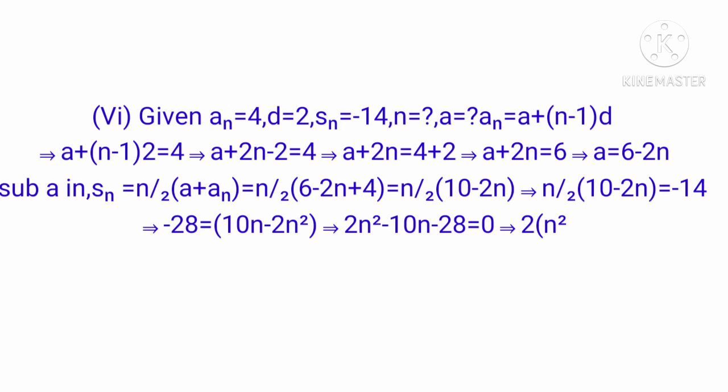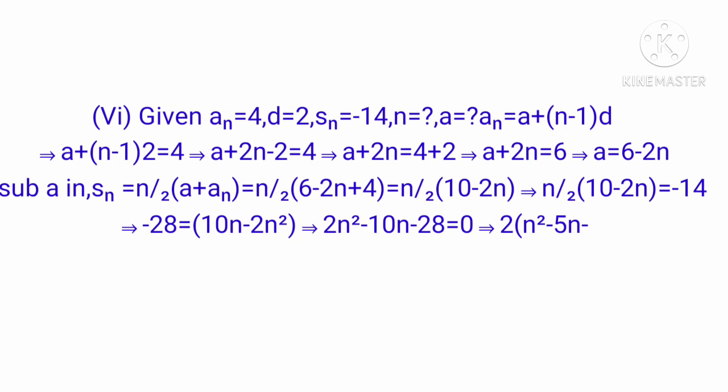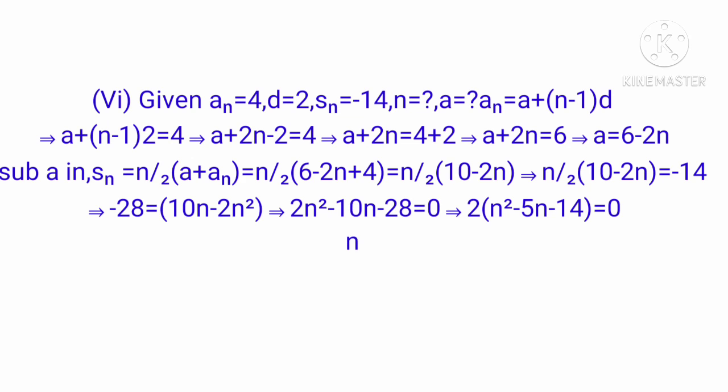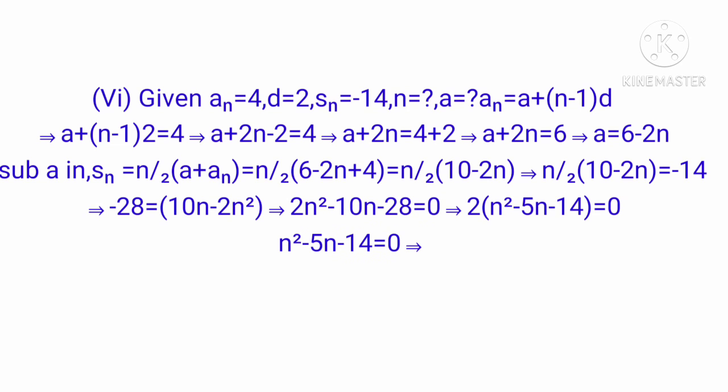Implies if we take 2 common, n square minus 5n minus 14 is equal to 0. Then n square minus 5n minus 14 is equal to 0. Implies factorize n square minus 7n plus 2n minus 14 is equal to 0.